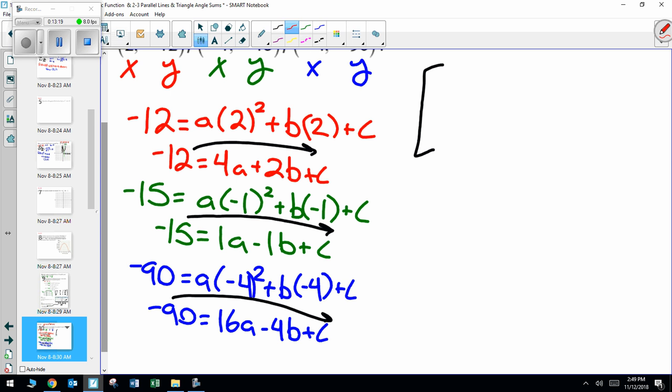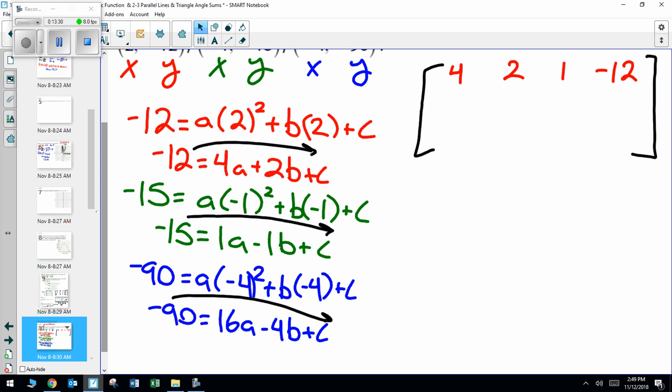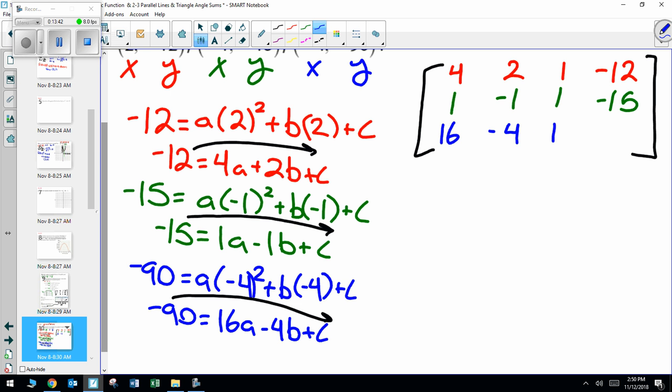So I have 4, 2, 1, -12 is my first equation. My second equation is going to be 1, -1, 1, -15. The third equation is going to be 16, -4, 1, -90.